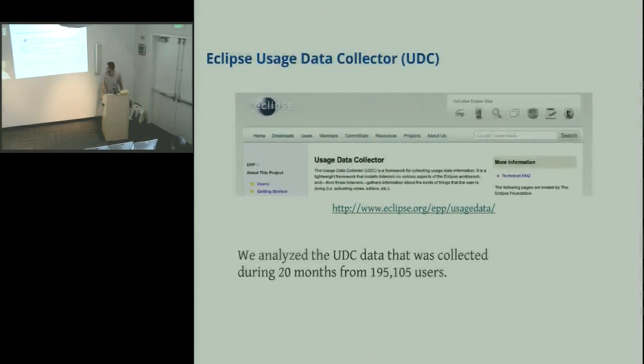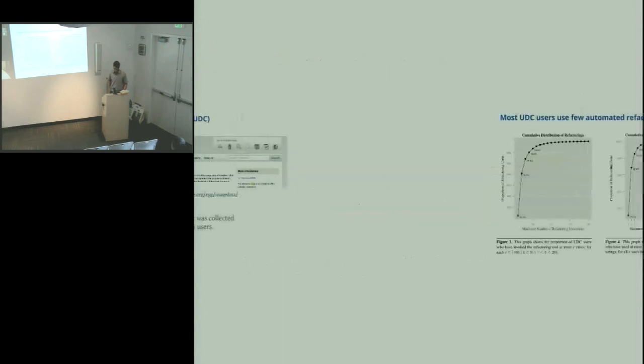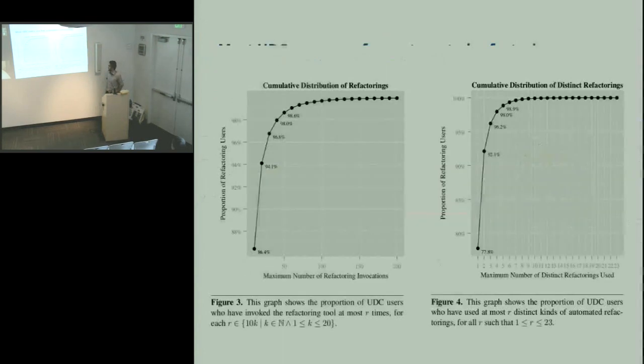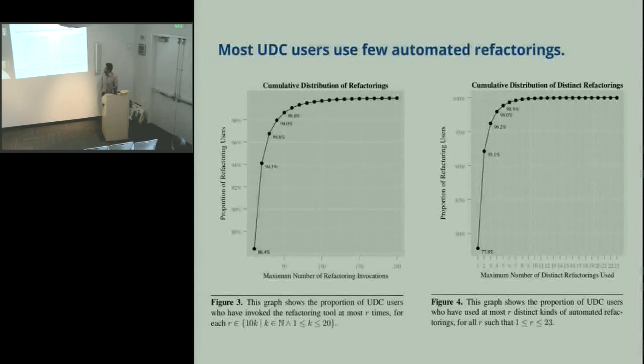They collected refactoring events from hundreds of thousands of users over a couple of years and published it. We took this data and analyzed the refactoring data. On the left-hand side, you can see a graph that shows the number of invocations that refactorings are using.